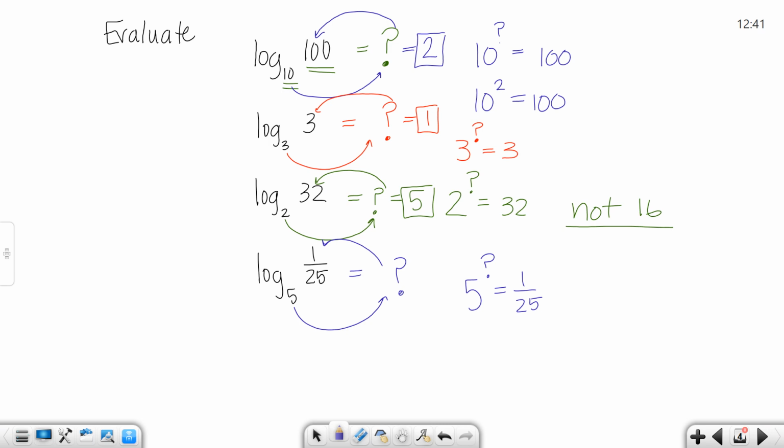The rule that you have to remember is if you have a term on the bottom, the exponent there is negative. So 5 to the -2 actually means 1 over 5 squared, which is 1 over 25. So the exponent that's in question here is the -2. And that's how that part would look.